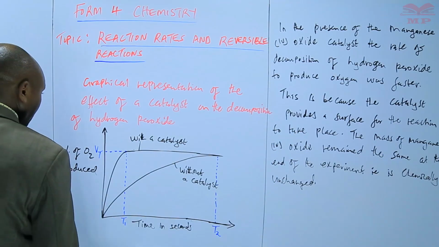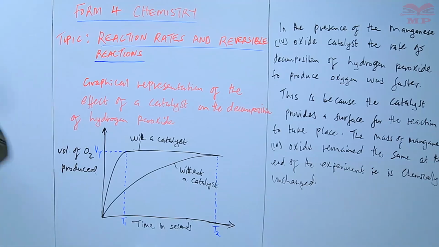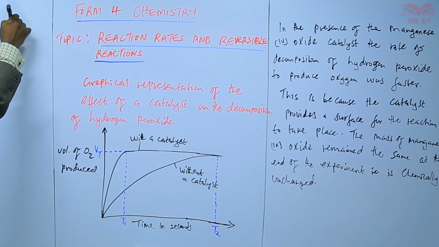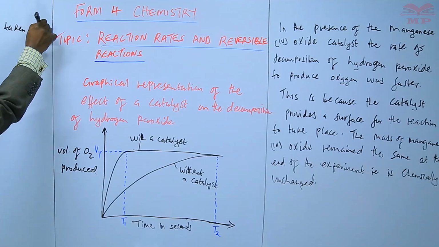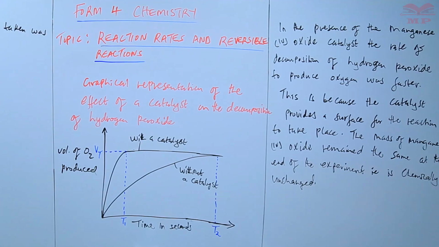So we are saying that with the catalyst, the time taken was shorter. That is T1.